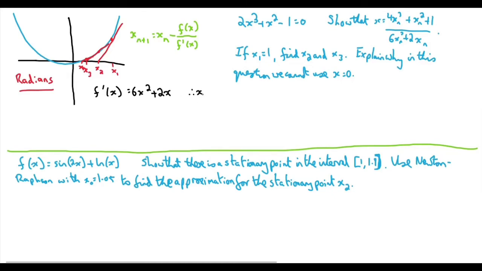Therefore, your next x along is going to be just x minus, I'm not going to bother doing all the n's, you don't need to with the working, just acknowledge that's part of the general formula. So your original function of 2x cubed plus x squared minus 1, and then this will be divided by the 6x squared plus 2x. Okay, so we have our denominator, great.